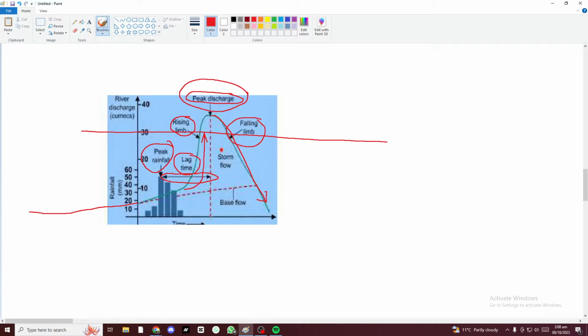Now we get to storm flow. So storm flow is just the stream discharge after the storm. So storm flow is just what happens afterwards. So it's just this part here. If you exceed this, it's just that. And then, yeah.